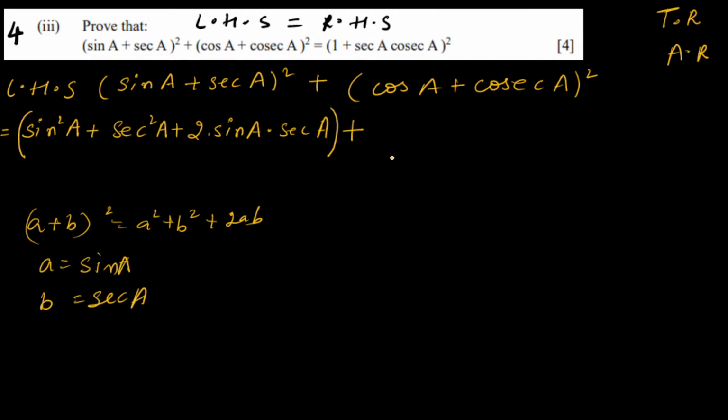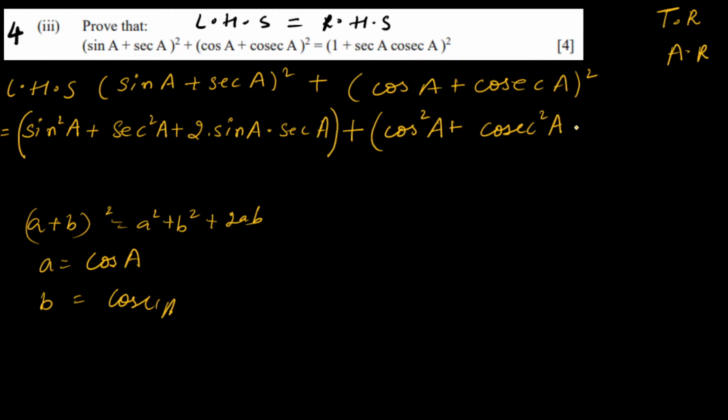Okay, same way, now we have to apply it in the second bracket also, but a and b will change. a is cos and b is cosecant. So I'm just writing: a square means cos² A + cosec² A, plus 2 into cos A into cosec A. So I've applied the identity.